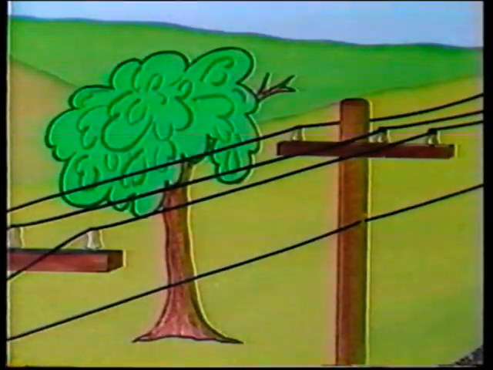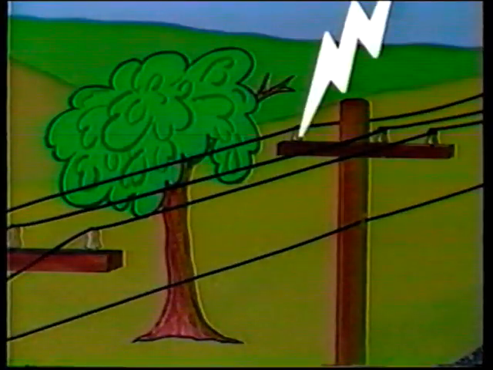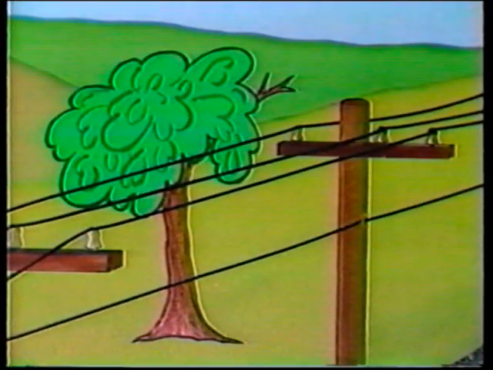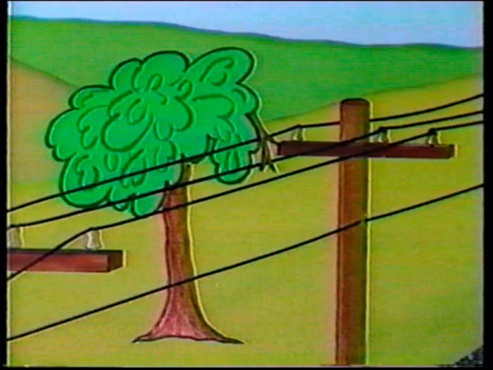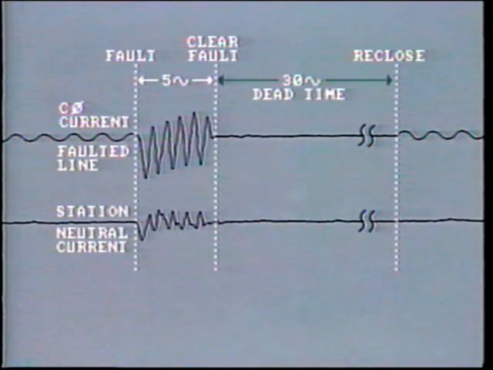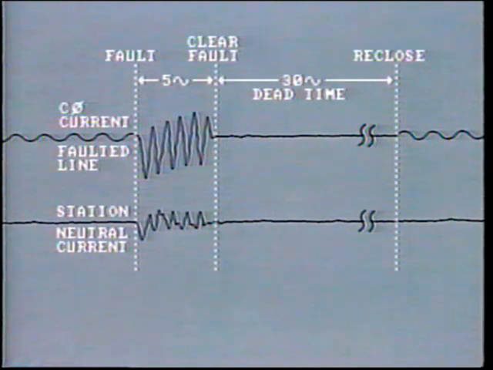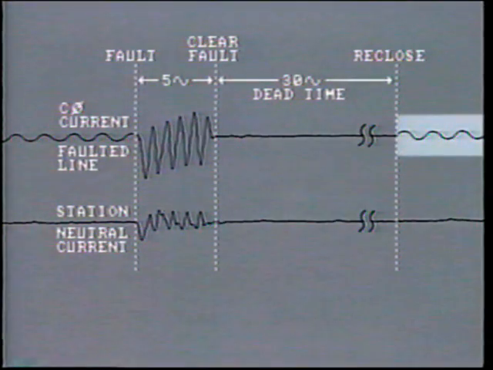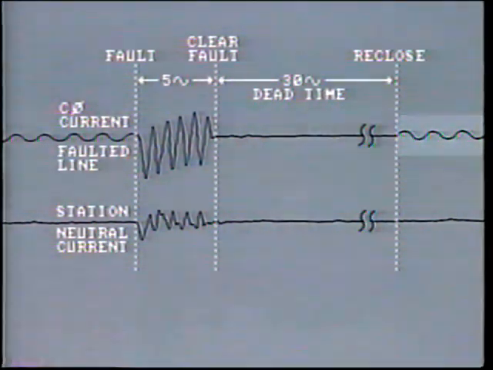It was probably caused by insulator flashover from a lightning surge, or perhaps high winds momentarily pushing a tree branch into the conductor. 30 cycles of dead time with no current flowing is usually sufficient to allow the fault arc to deionize. So when the breaker reclosed, it did not trip out again. You can see from the trace that breaker number 1 has successfully reclosed.